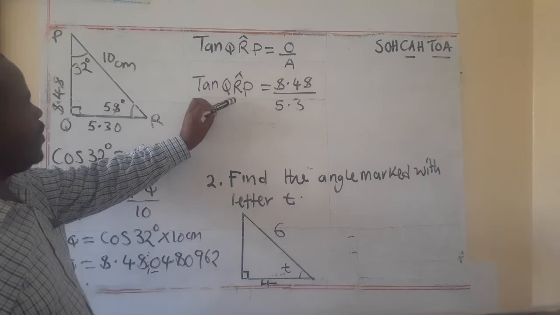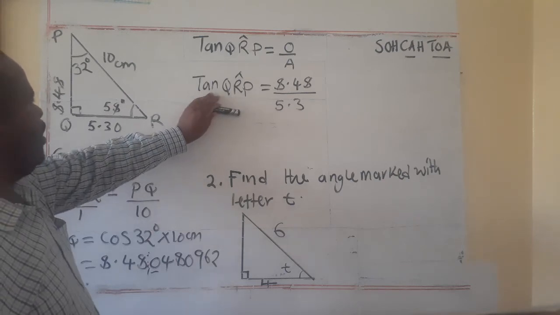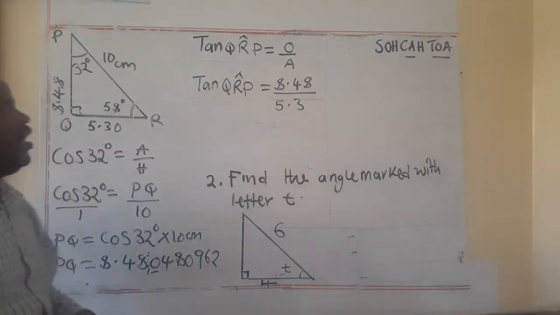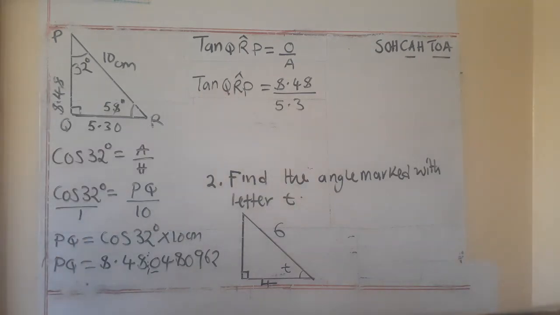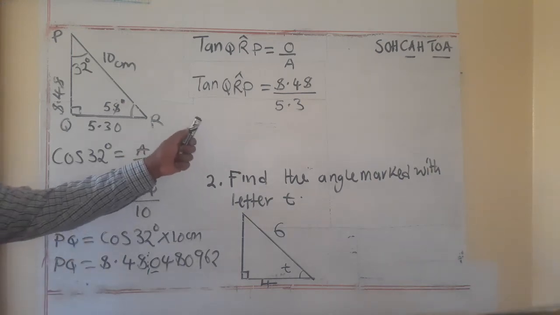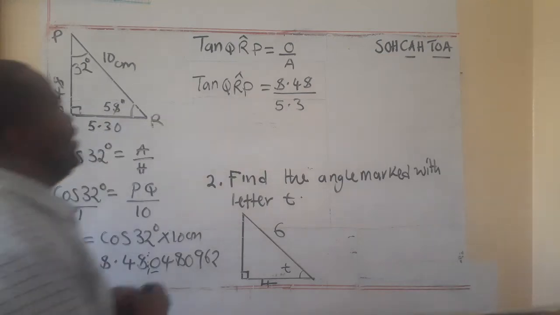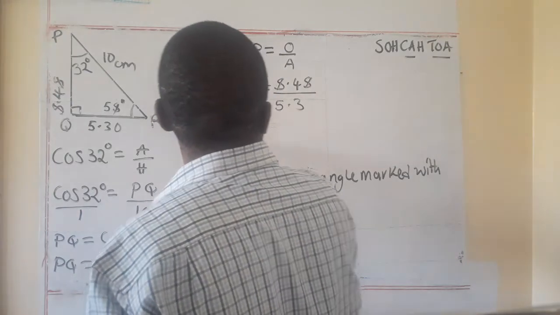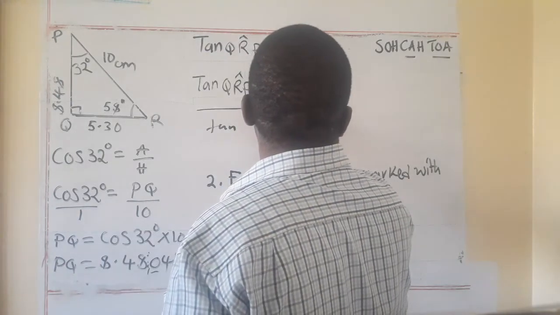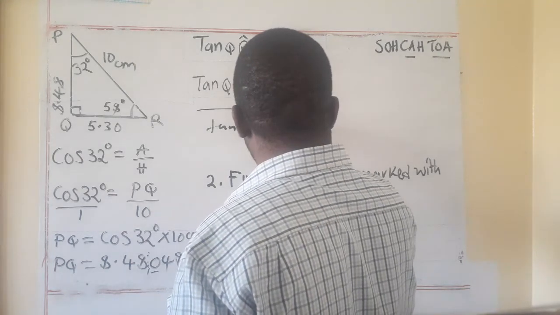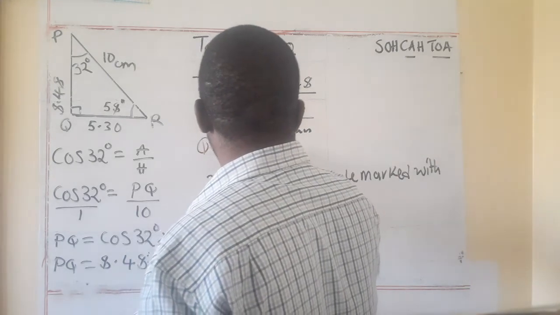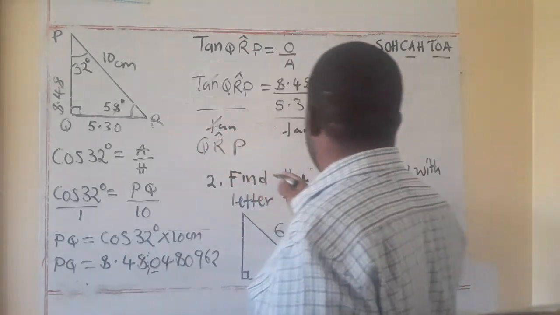Now, how do you get the required angle if we have tan QRP equal to that? Here you introduce an inverse. If you want to divide by tan, you divide everything by tan, so this tan and that tan cancel, and you have QRP.